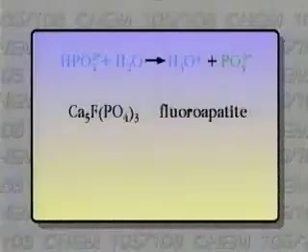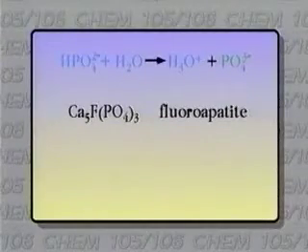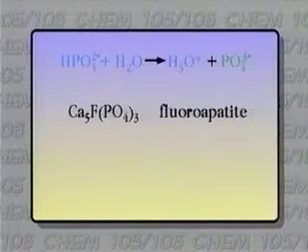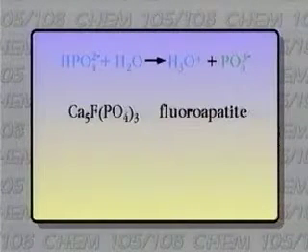Now, the phosphoric acid is produced, and the chemical reaction is quite lengthy, so I'm not going to write it up here. It is in your text, but it is produced from an ore called fluoroapatite, which is a combination of calcium, fluorine, and phosphate ion.